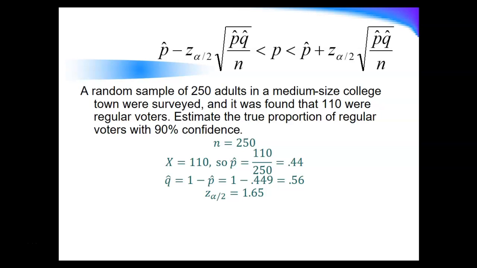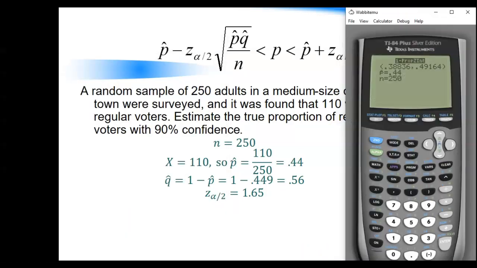Now let's put this into the formula. 0.44 minus 1.65 times the square root of 0.44 times 0.56 divided by 250.